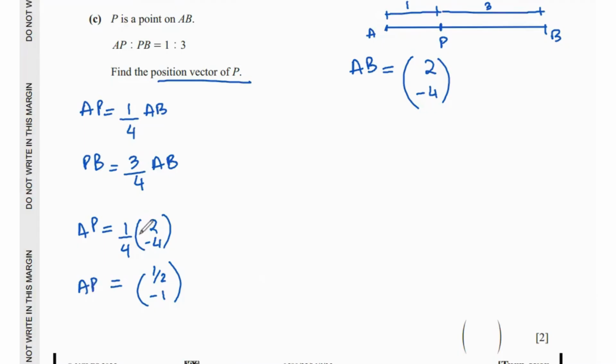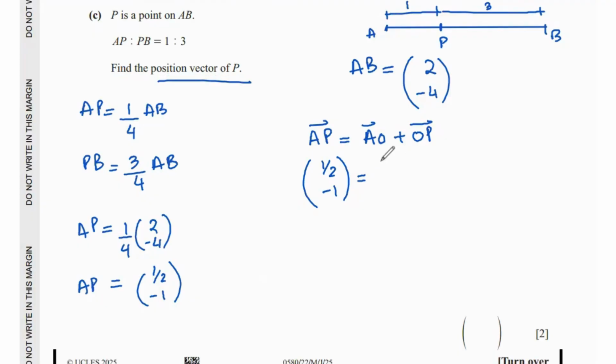So as we said previously, AP would be A to O and then O to P. So if we have AP, which is 1/2 and -1, we have AO, which was given in the question as 3, -1. Since the direction is opposite, it's going to be -3 and 1. And we have to find OP.